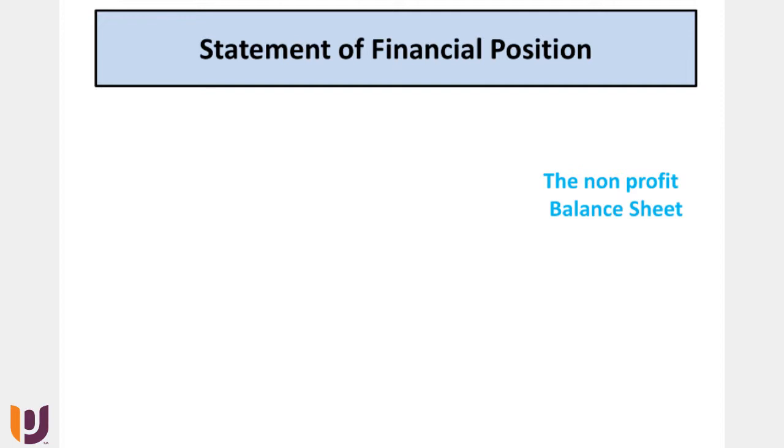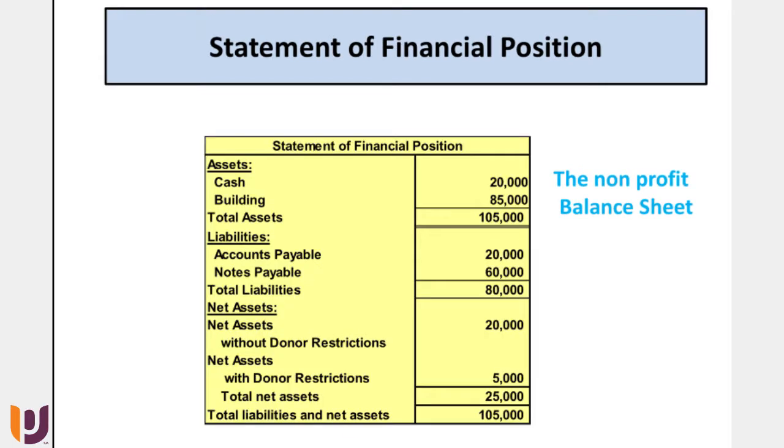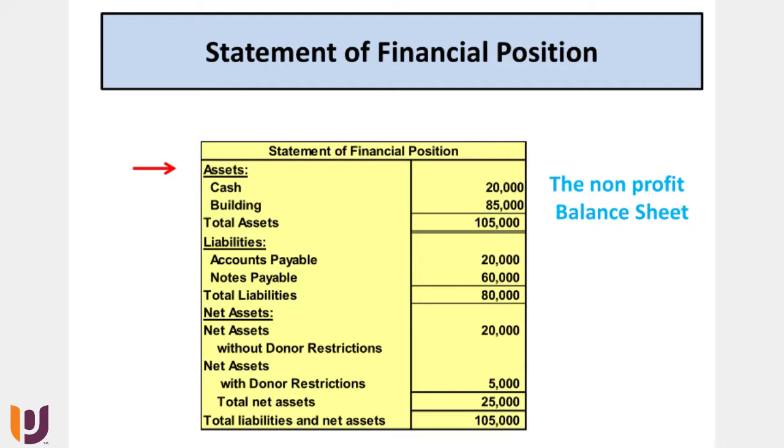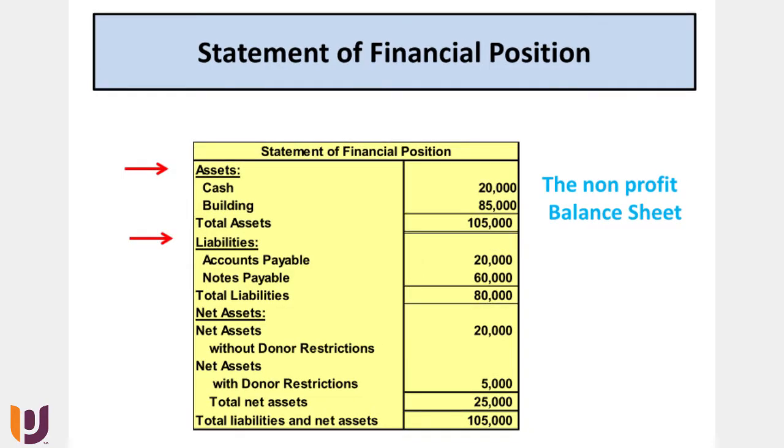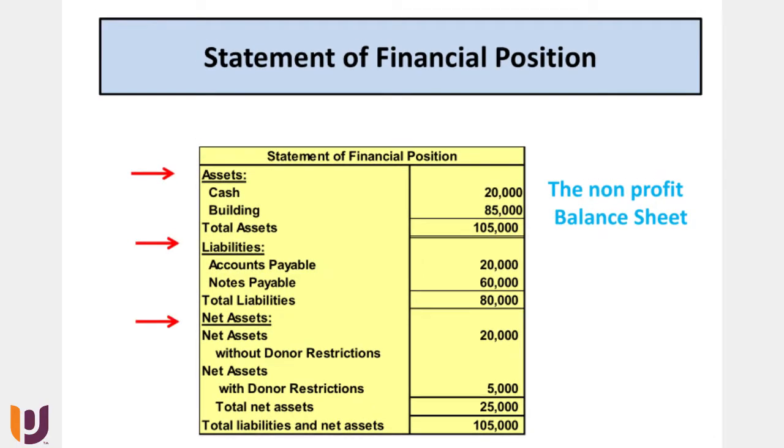Here is an example. The statement of financial position reports the organization's assets, liabilities, and net assets. Assets minus liabilities equals net assets.